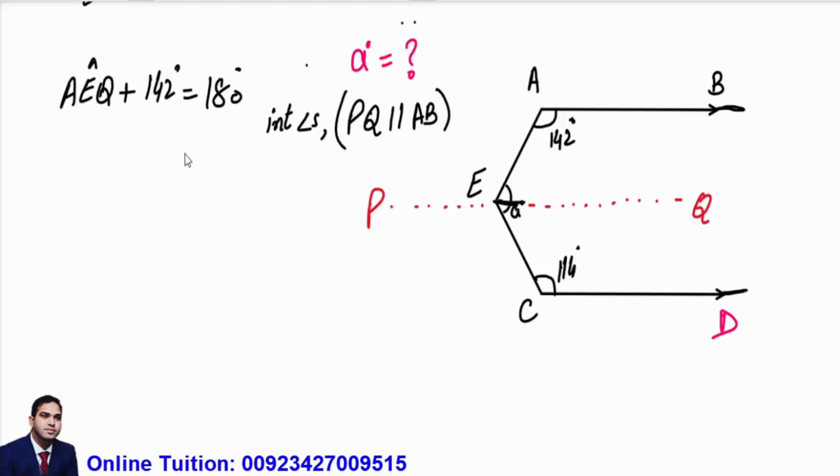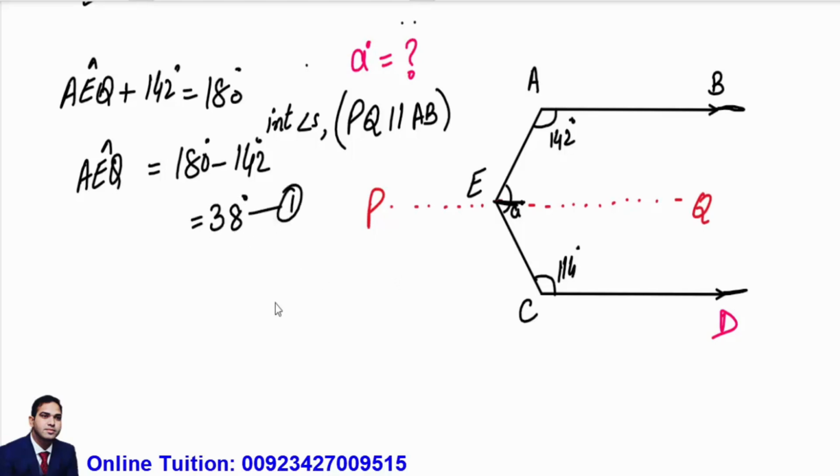This is the reason. Now you can say that AEQ is equal to 180 degrees minus 142, and the answer is 38 degrees. This is 38 degrees.